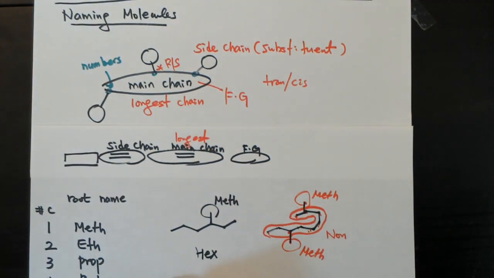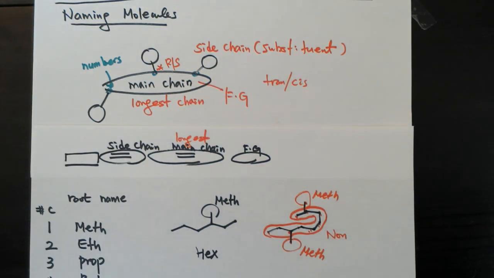Alright, so first thing we did to name a compound was find the longest chain as well as side chain. You need to practice. Sometimes it's not as easy to see.